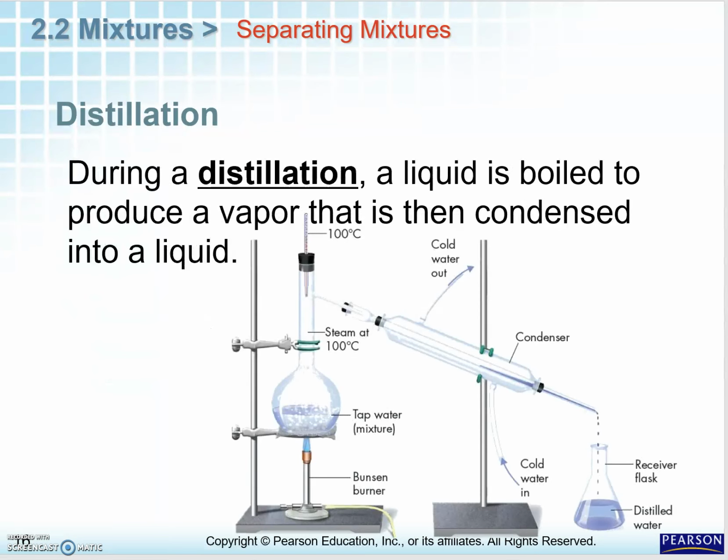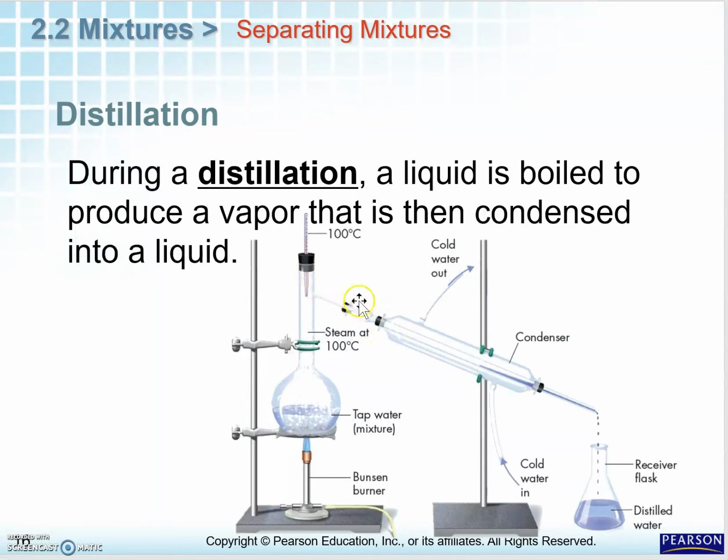And it looks a little bit something like this, where you have a mixture of things from your tap water. So in your tap water, you have fluoride and a couple of other minerals in there that come out of your tap. But if you were to heat it up, that steam is going to be pure water. It cannot take that fluorine or any of those other minerals with it.